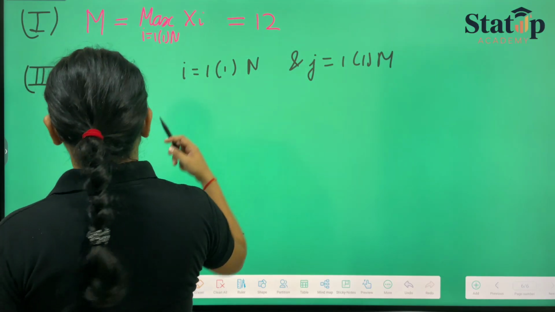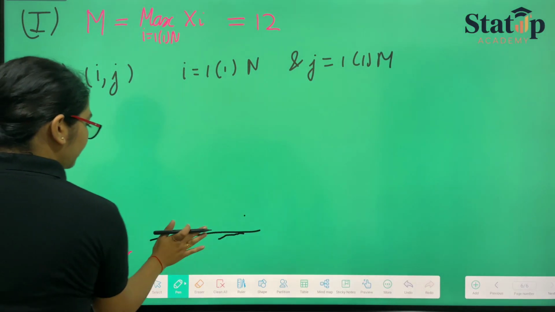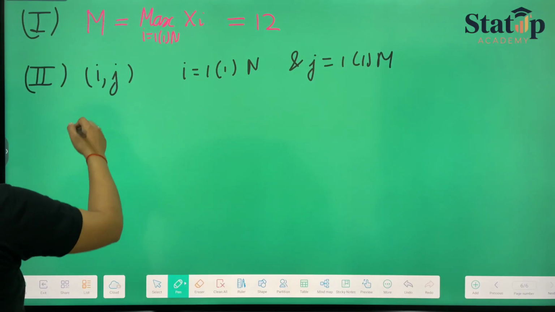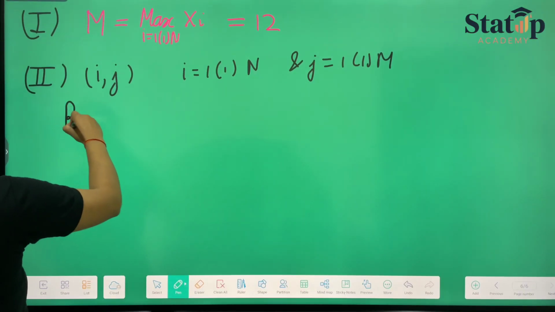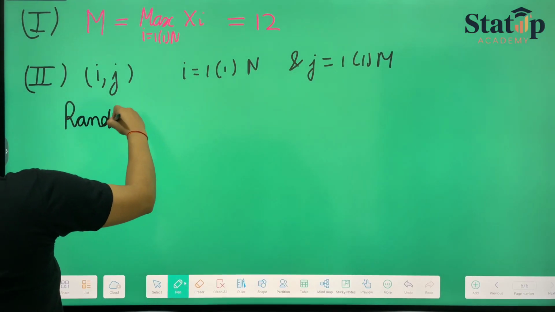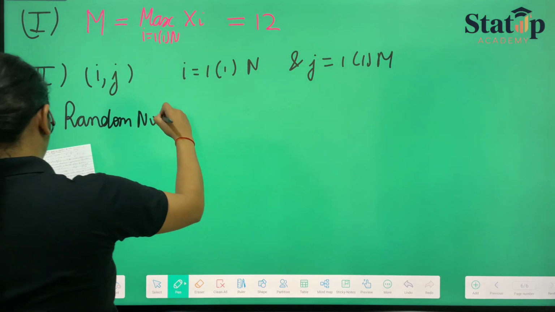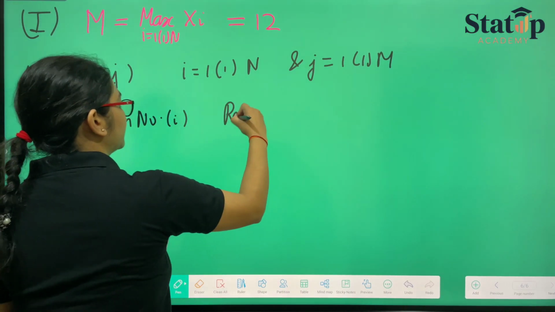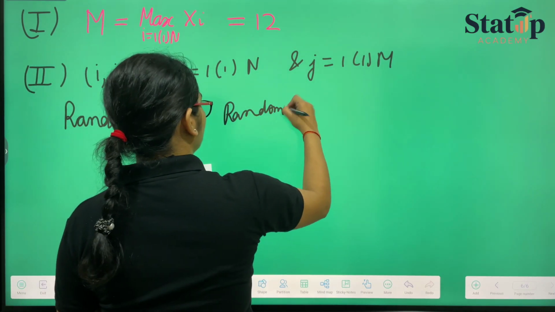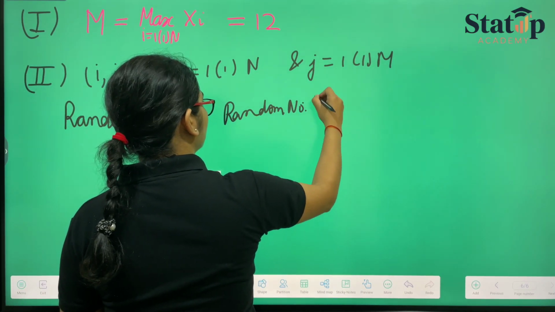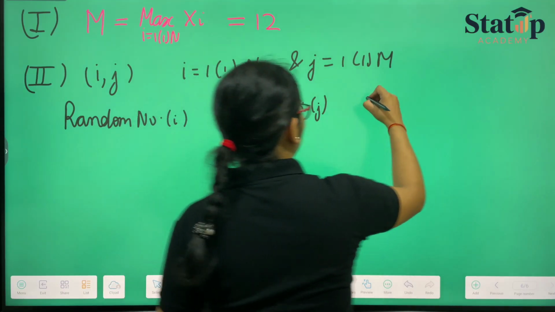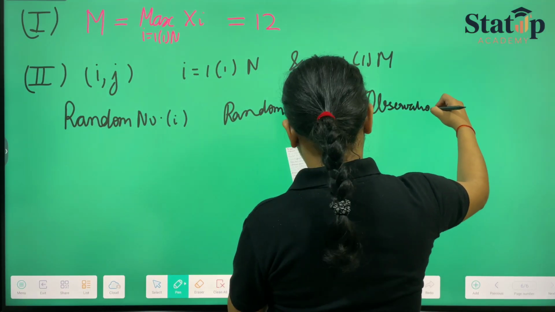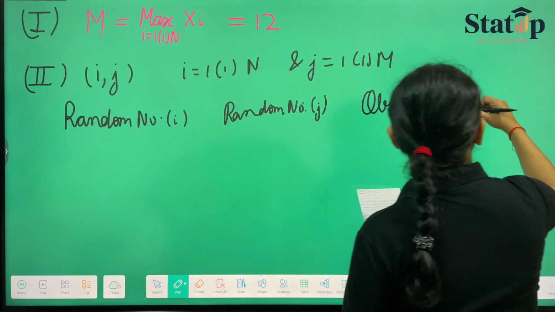So let us draw a table where the headings are random number i, random number j, observation, and selection of unit.